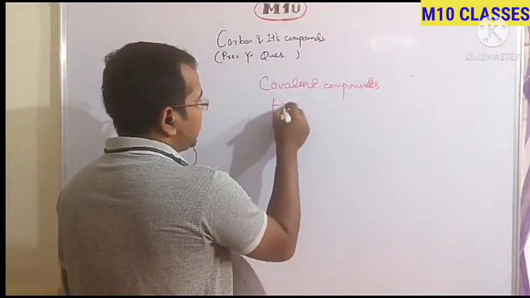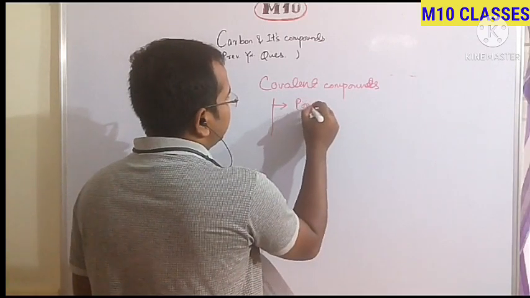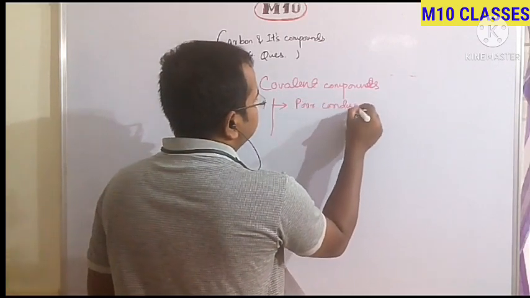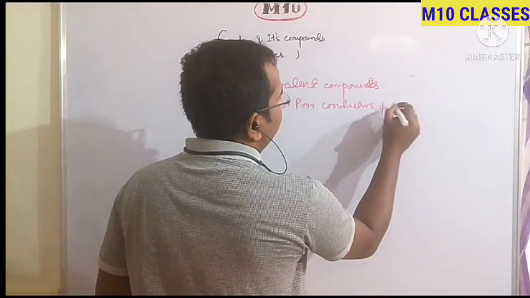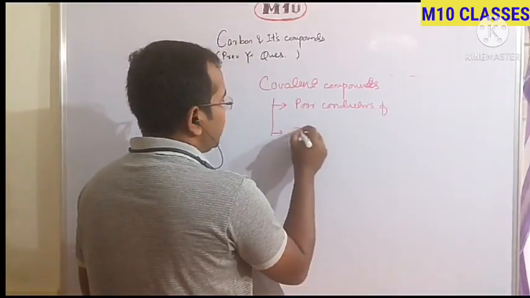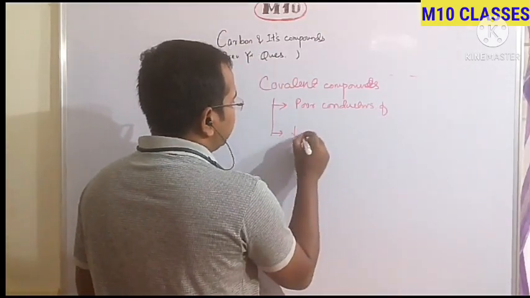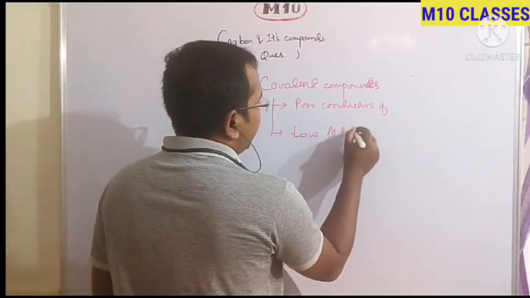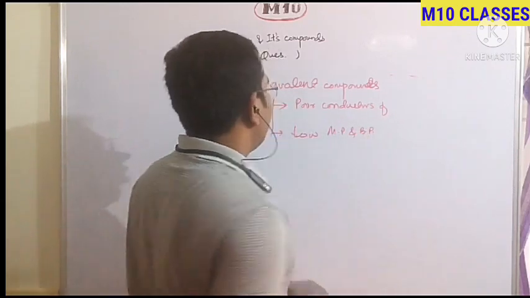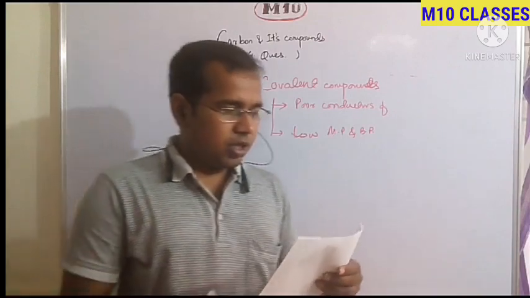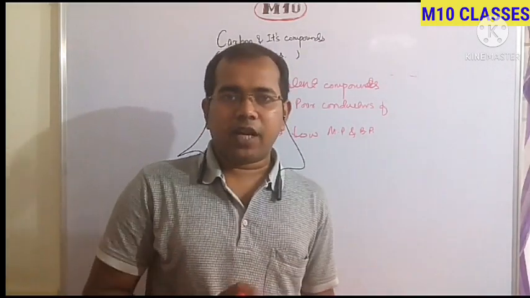So they have two main characteristics. They are poor conductors of heat and electricity, and they have low melting point and boiling point. Okay. So they are poor conductors of electricity.